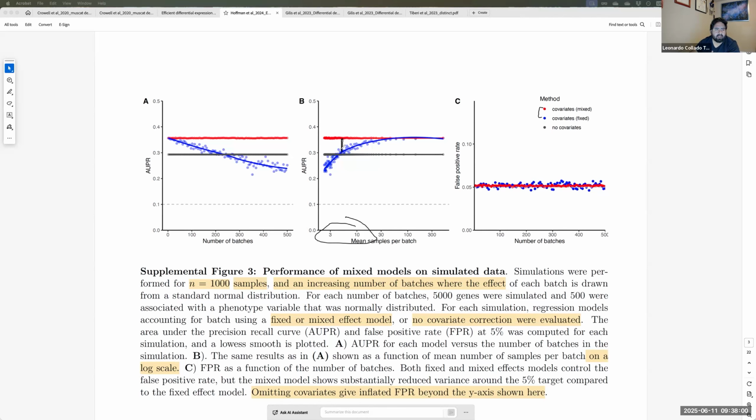So when you have a number of samples per batch, there can be a pretty big improvement by using a mixed model. So that is one area for using Dreamlet. Again, if you have batches, you should probably start looking at Dreamlet.